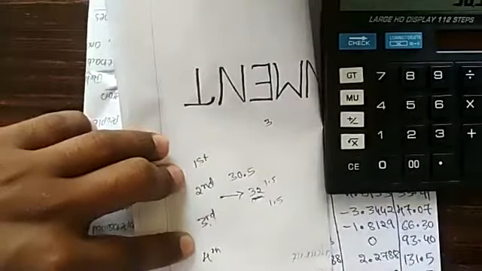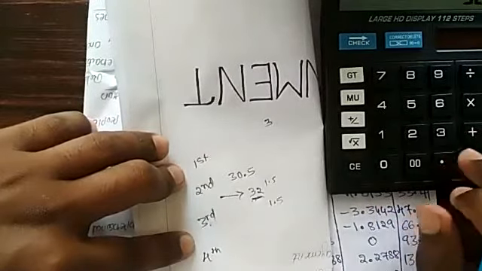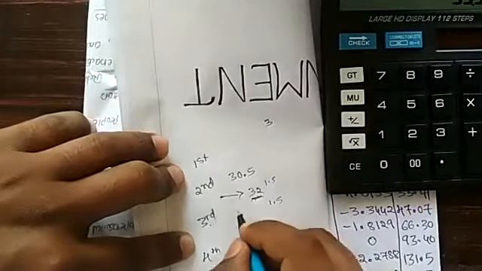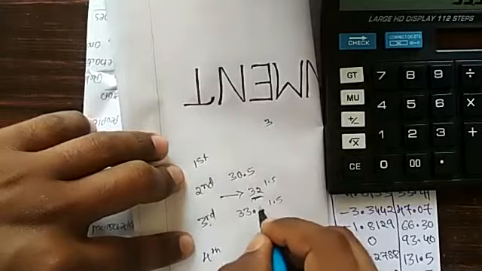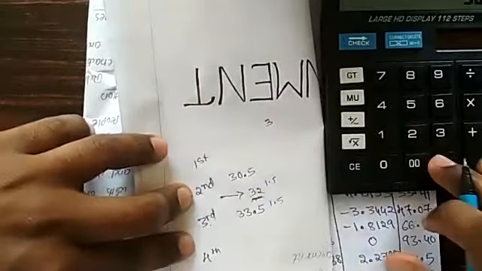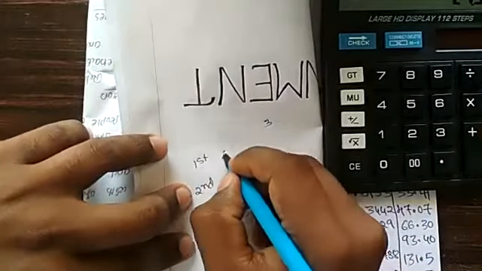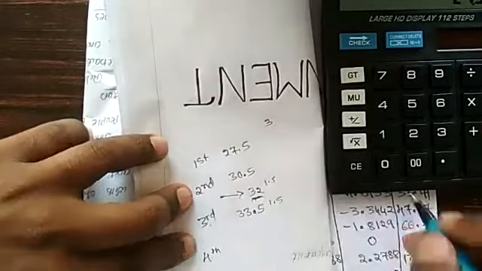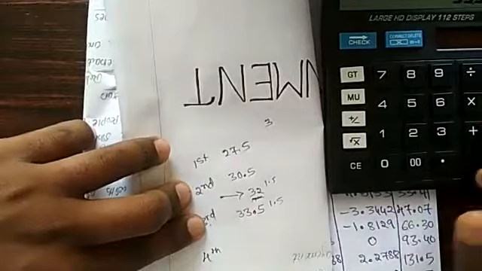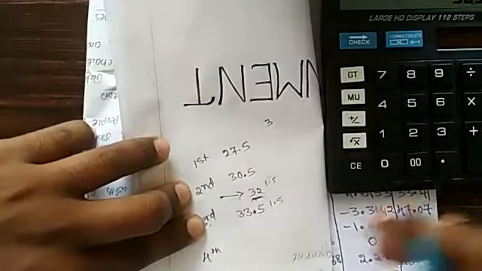So 30.5 for the second quarter, and for the third quarter 32 plus 1.5, so 33.5. And for the first quarter, 30.5 minus 3 change, correct, 27.5. And for the fourth, 33.5 minus 3, sorry, not minus, 33.5 plus 3.